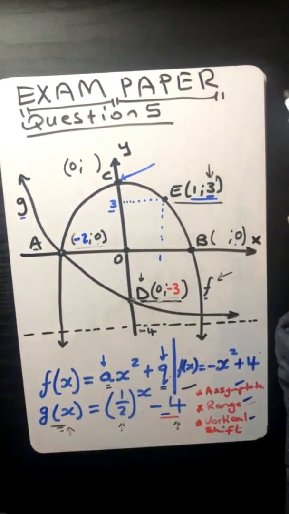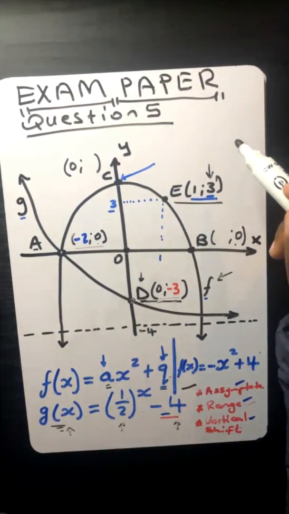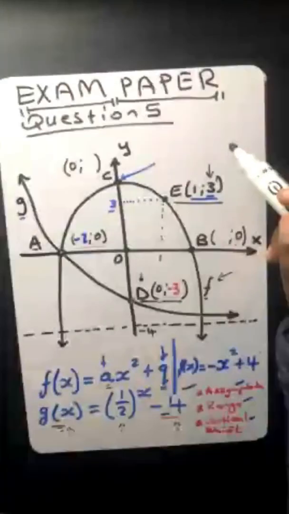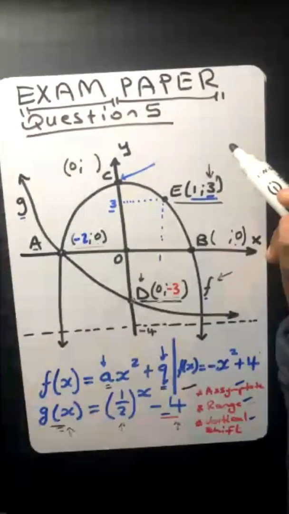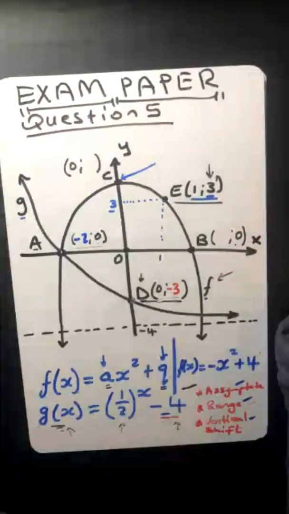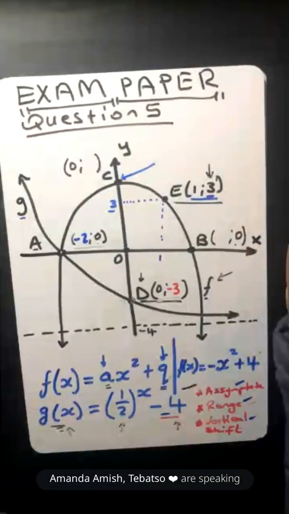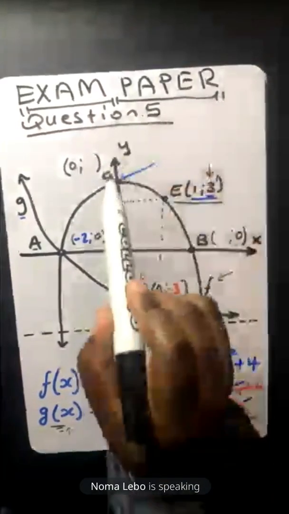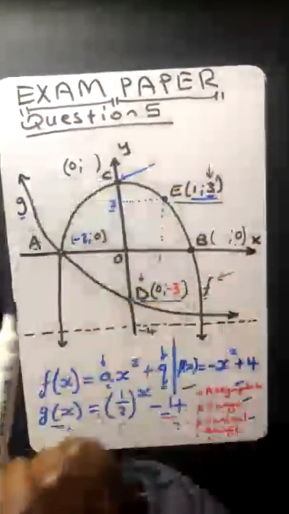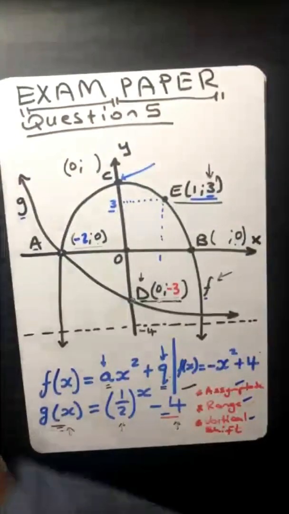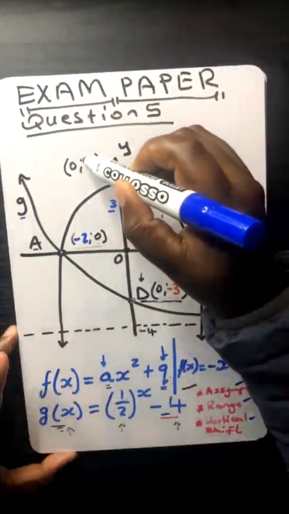Where is C, guys? I can't see C. Is it there? Where is C? Oh, yes. So what is the value for C there? Q is 4. Oh, yes, I remember now.